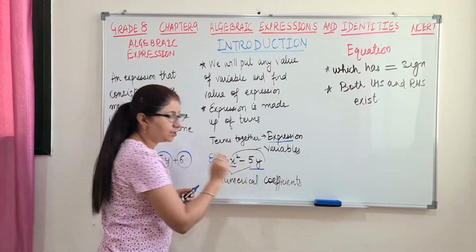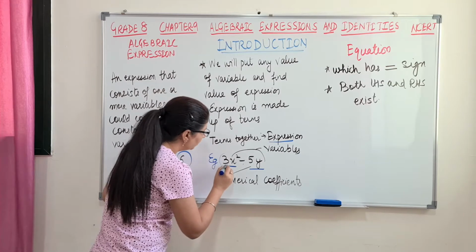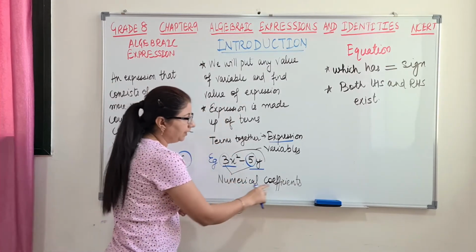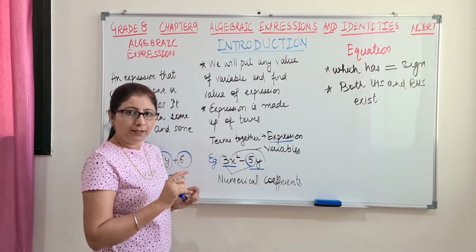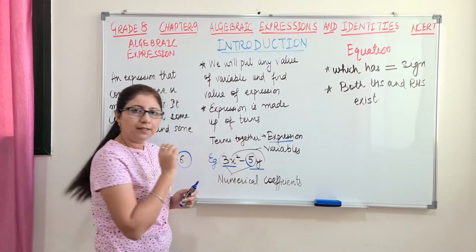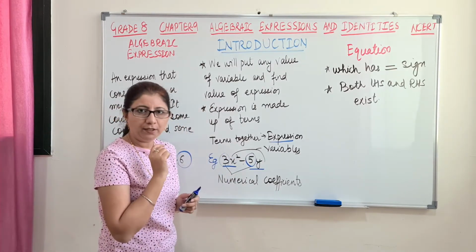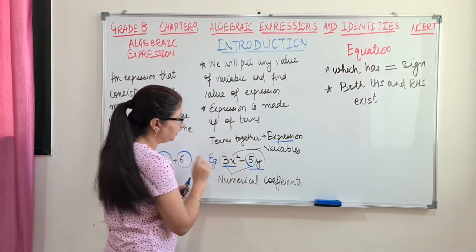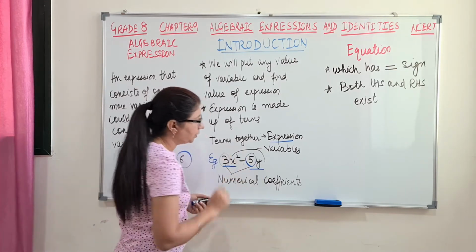In this expression we have two numerical values also. They are referred to as numerical coefficients. What are numerical coefficients? The value that is attached in front of a variable is called the numerical coefficient. For example, what is the numerical coefficient of x square? It is 3. What is the numerical coefficient of y?